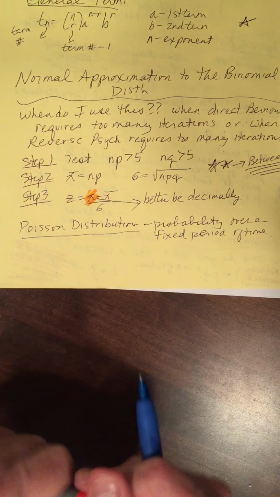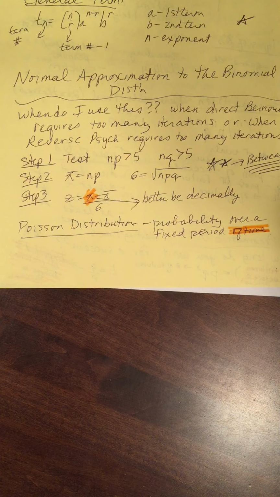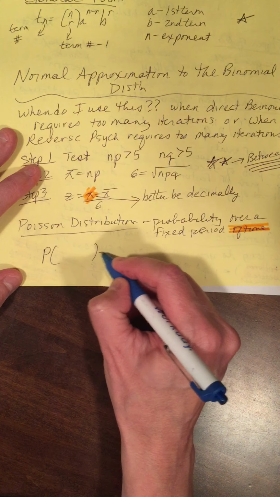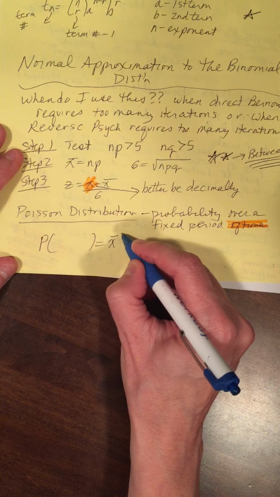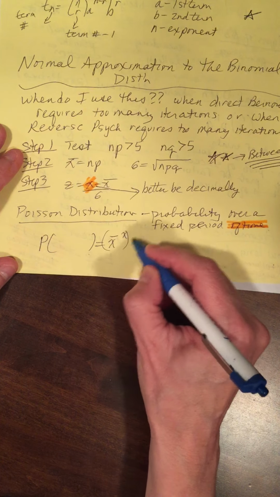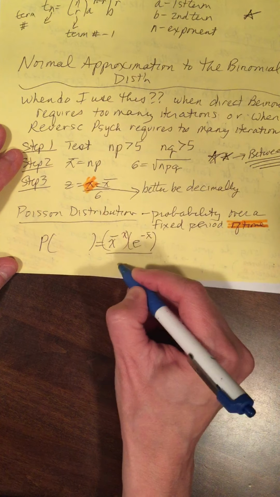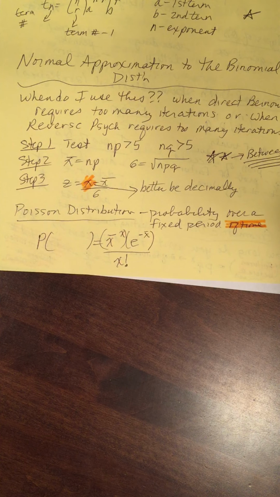And that is the key word. There's that time per day, per minute, per second, per hour. The formula is kind of wonky. Remember, the formula was your average to the number of occurrences times e to the negative average all over your absolute number of occurrences.